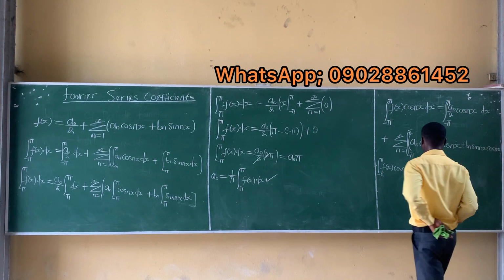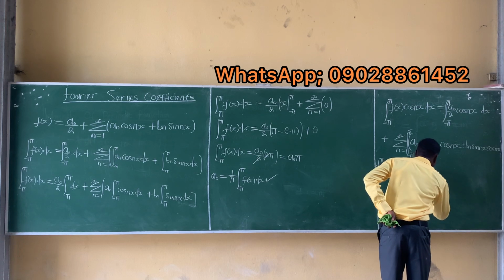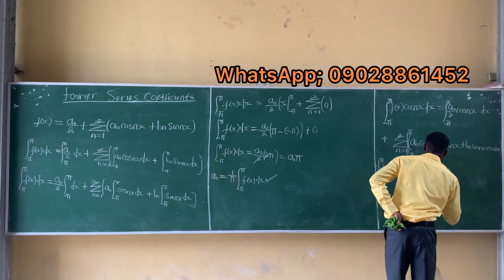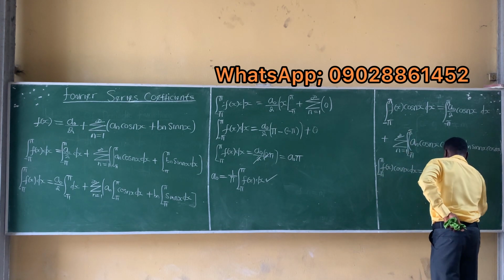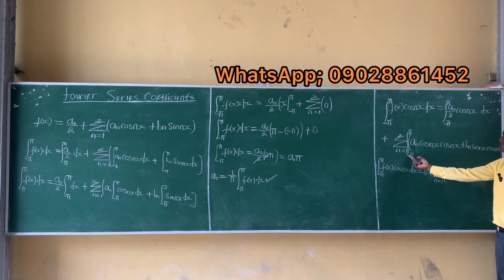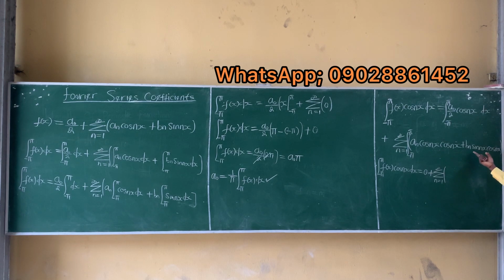So here is 0, plus the sum as n equals 1 to infinity of, now observe again, we distribute the integral: an cos nx cos nx dx plus bn sin nx cos nx dx.